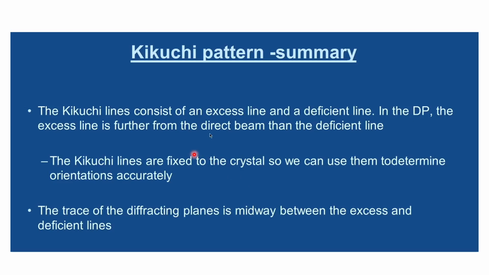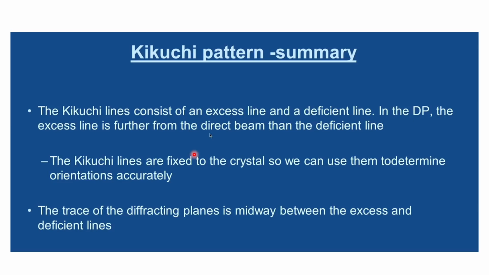In the Kikuchi lines, one dark line and one bright line are formed by the interaction of your Kossel cones with your Ewald sphere. When the Ewald sphere interacts with the Kossel cone, they form a parabola, but we see only lines due to the small angle.